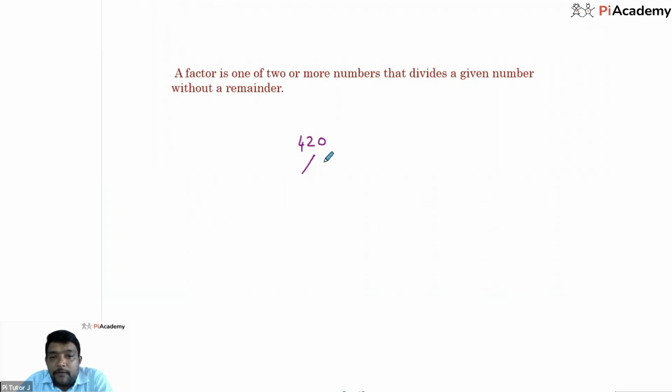So if you do this, 2 times 210 is 420, right? Yes. And then you have 2 times 105. You do a tree diagram kind of thing, and then 105 goes in 3, so 3 times 35, and then you have 5 times 7.